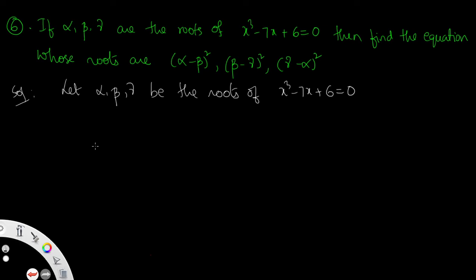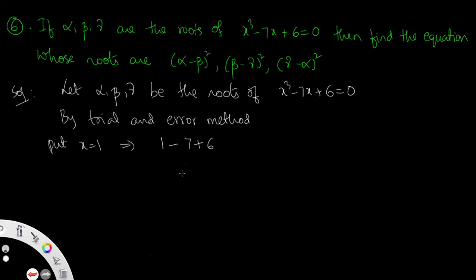So by using the trial and error method, put x equal to 1 in the equation: 1 minus 7 plus 6, this becomes 0.